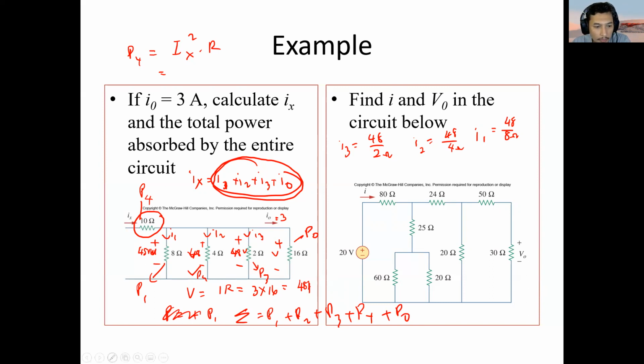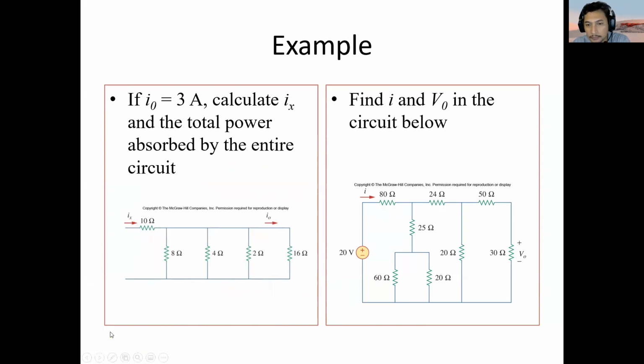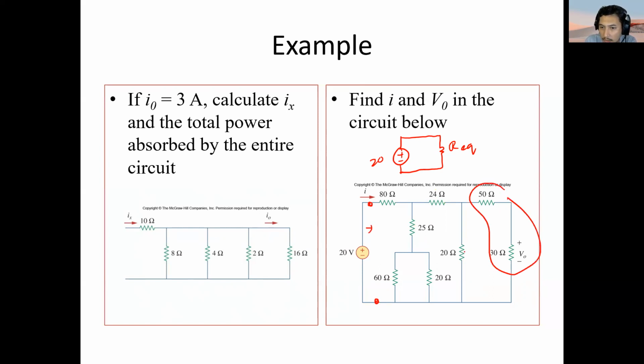Okay, and then for the next example, find IO. So as you can see, to get this I, what you need to do is to simplify the circuit so that you have a circuit like this. Okay, so R equivalent. What you need to do is to find the R equivalent from the source. So as you can see, this one is series, and then you need to parallel with 20 ohm and so on.